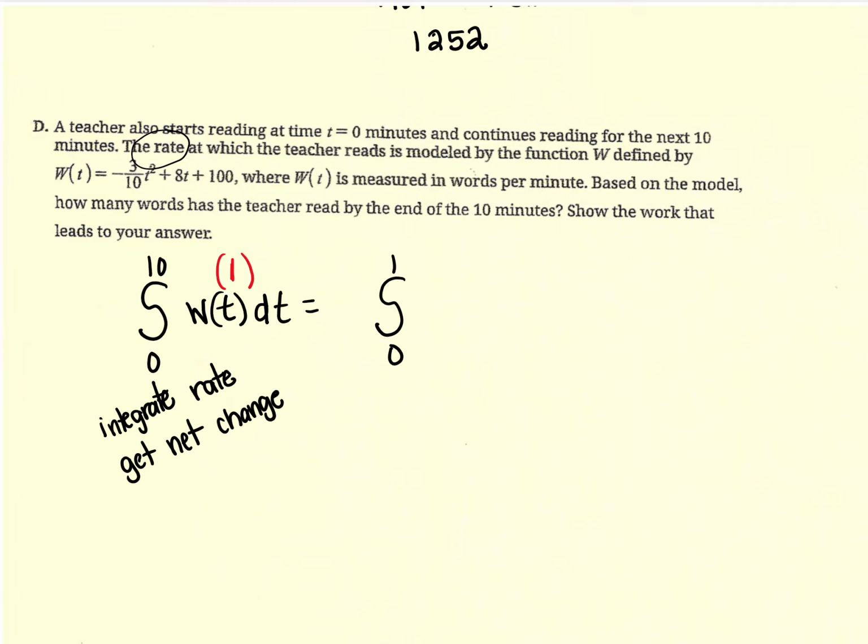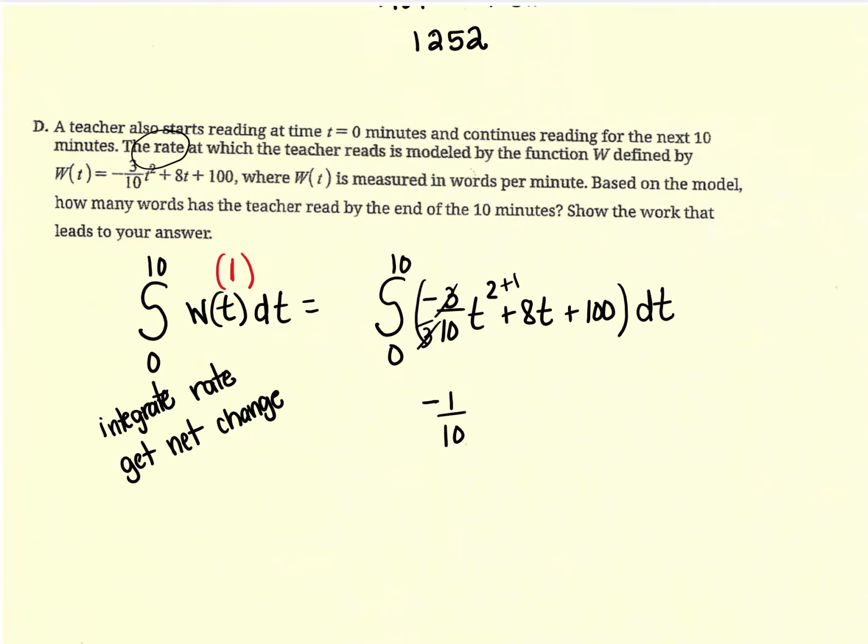So from 0 to 10, I put in my function, which was -3/10 t squared plus 8t plus 100 dt. This is a pretty simple integration here. So I'm going to add 1 to the exponent, which is 3, and divide by 3. Of course, those 3's are going to cancel.